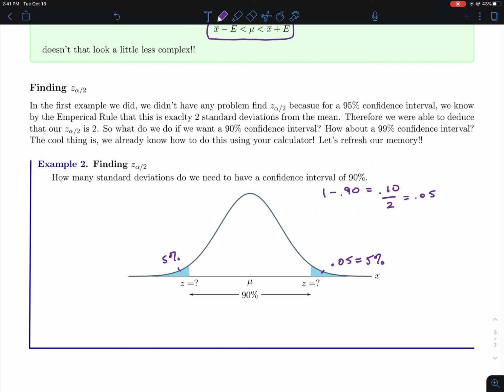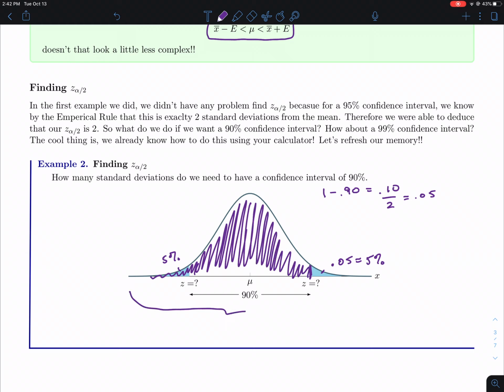The reason this is going to come in handy is because I know something about normal curves: the area under the curve is the same thing as the probability. So if I choose this as the z value I'm trying to figure out, and I shade all of this area in, then from here the whole way up to here is 95%.